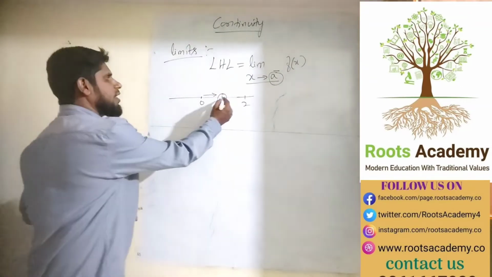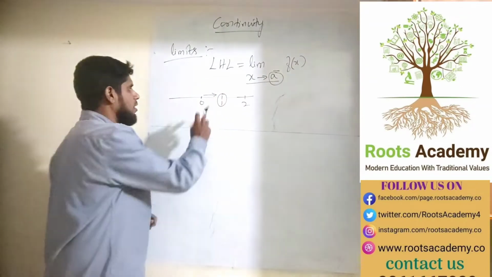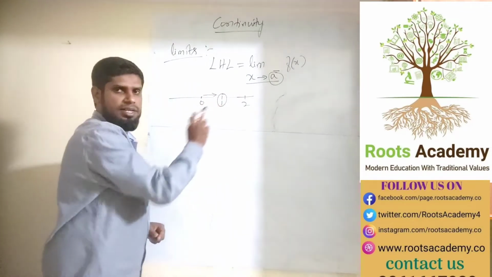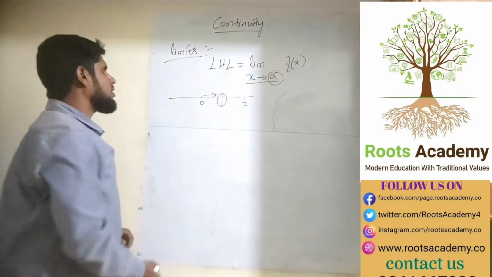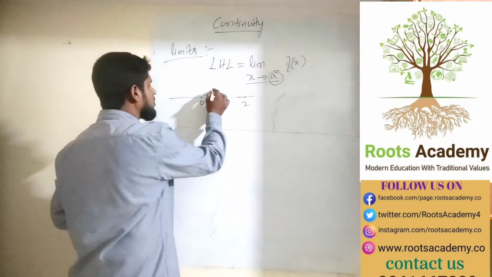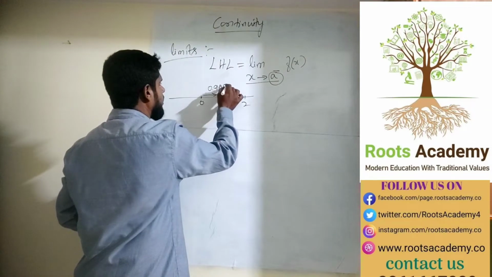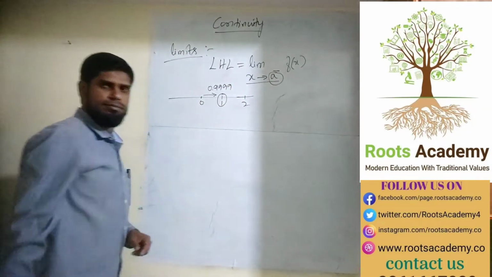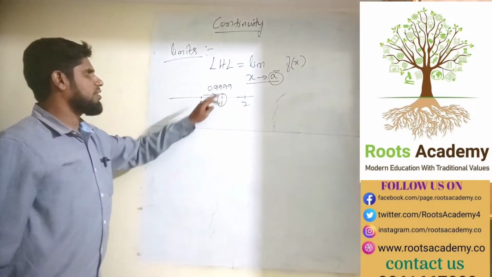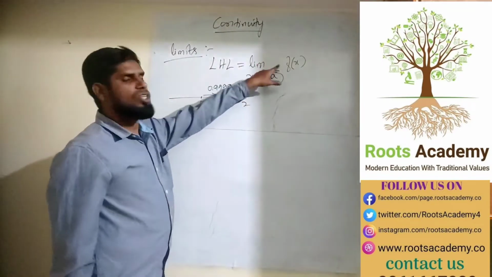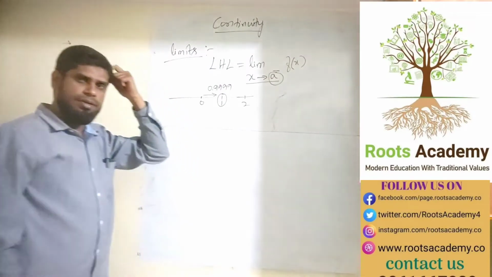Suppose I take 1 here, x will never be equal to 1, but it is approximately equal to 1. The nearer value is 0.9999, very close to 1. So this is the representation of the left hand limit.